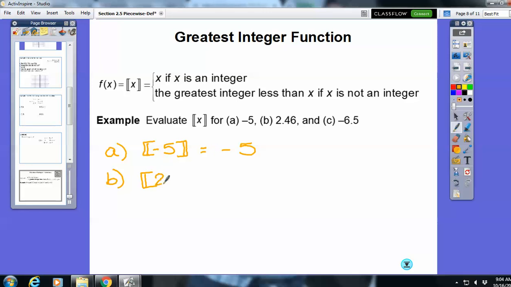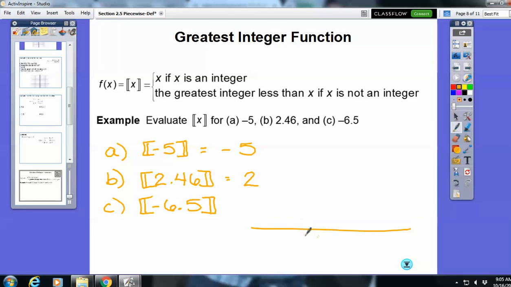B, if I said the greatest integer of 2.46. 2.46, if you were to graph this on a number line, it falls in between 2 and 3. You can't get out anything bigger than what you put in, so we're going to get out 2. Greatest integer of -6.5.